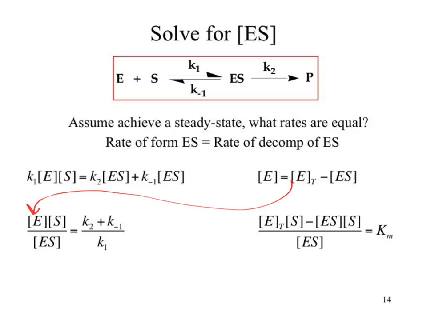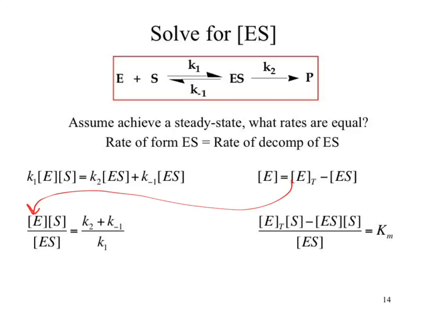You'll notice that we did some other things there. K2 is what? A rate constant for forming the products from the enzyme substrate complex. But it's a rate constant. What is K minus 1?